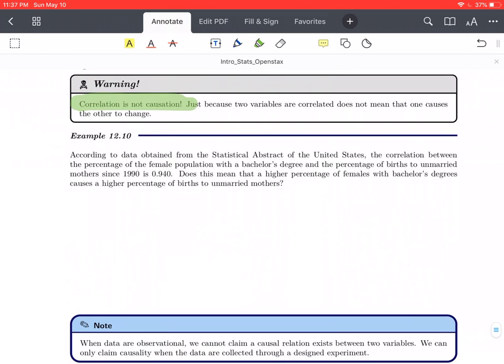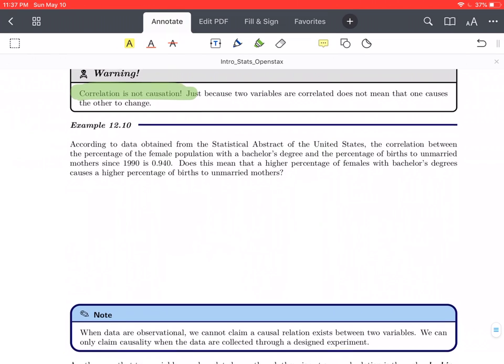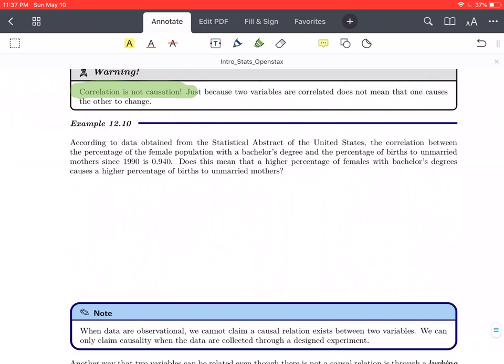So let's look at a couple examples just so you get the idea. According to data obtained from the Statistical Abstract of the United States, the correlation between the percentage of the female population with a bachelor's degree and the percentage of births to unmarried mothers since 1990 is 0.940. Does this mean that a higher percentage of females with bachelor's degrees causes a higher percentage of births to unmarried mothers?